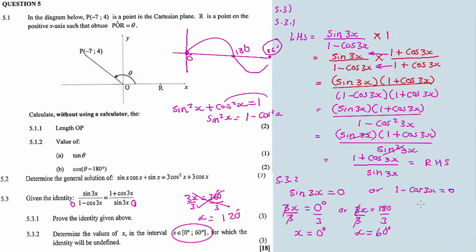Now let us come to 1 minus cos 3x, cos 3x will be equal to 1, right? Where is cos equal to 1?